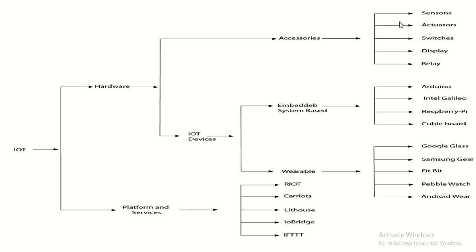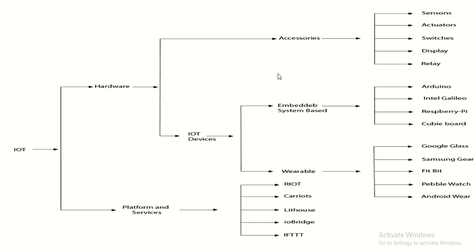Accessories are sensors which sense the data, actuators which provide the mechanical motion, switches which are used in turning electrical equipment on and off, displays which are used to display the output like an LCD display, and relays which are used in electrical equipment to get started and to get off.